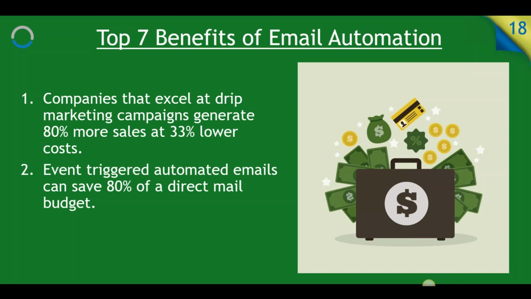Now, event-triggered automated emails will save you 80% from traditional snail mail or whatever direct mail budget. So, back in the days, you send out 10,000 direct mail. A lot of you might think that direct mail is dead, but actually it's still alive and doing well in some cases or some industries.